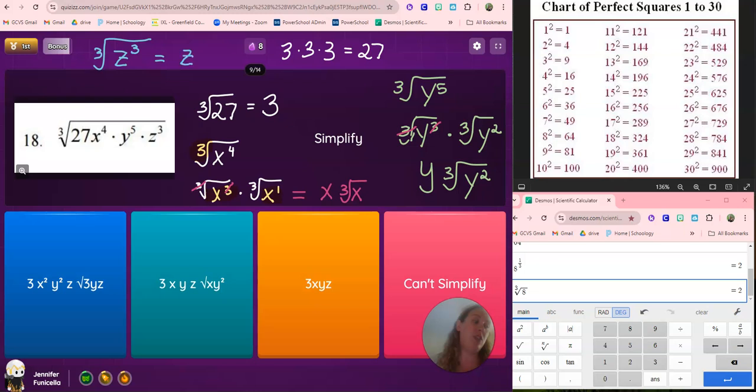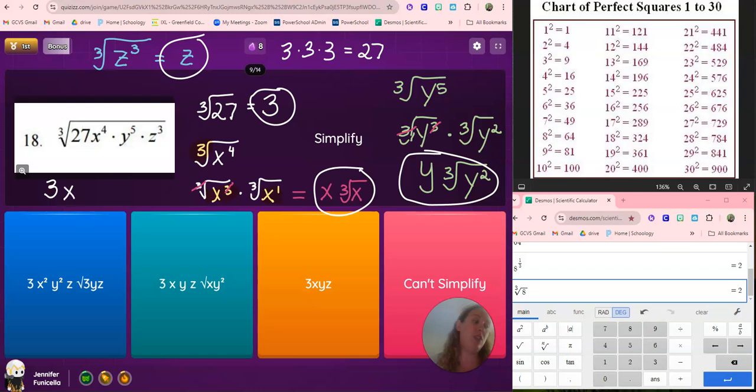So piecing all of this together, because I did it one piece at a time, we have x, we have y, the cube root of y squared, and we have z. So in the front, all together, we pulled out a 3, x, y, and z.